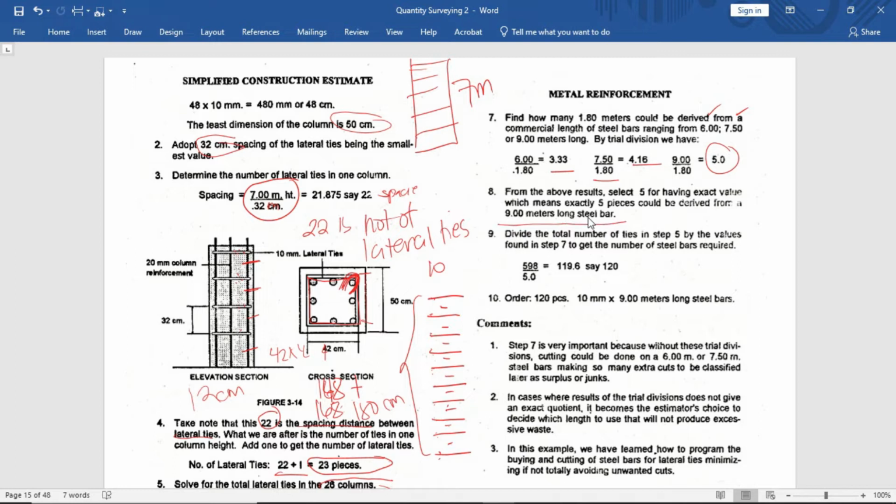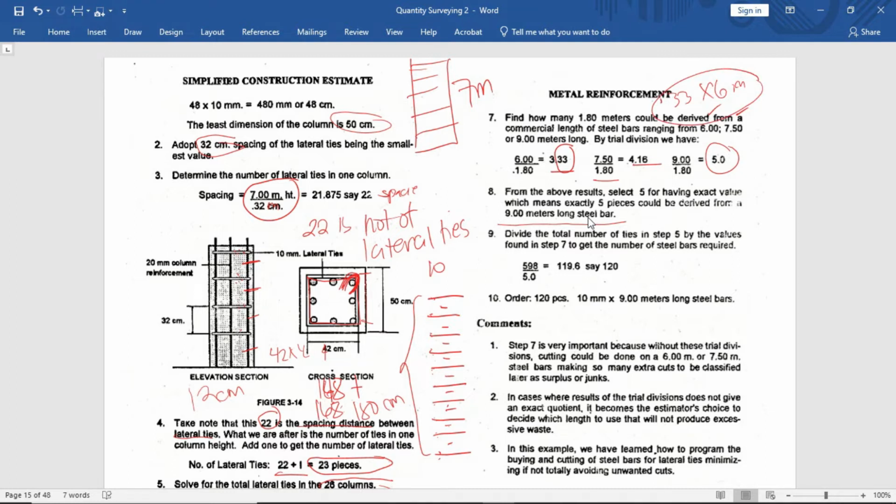So, bakit natin consider yung 5? Kasi as long as mas malapit siya sa whole value, mas makakatipid tayo sa bakal. Kasi ang gusto natin is makatipid talaga tayo sa mga materyales na bibilhin natin. Kaya pag nag-compute ng guesstimate tayo, yung pinaka-mura. For example, ito, may 0.33. So, ano ang 0.33 ng 6 meters? Yung 0.33 ng 6 meters, hindi na natin magagamit yun.